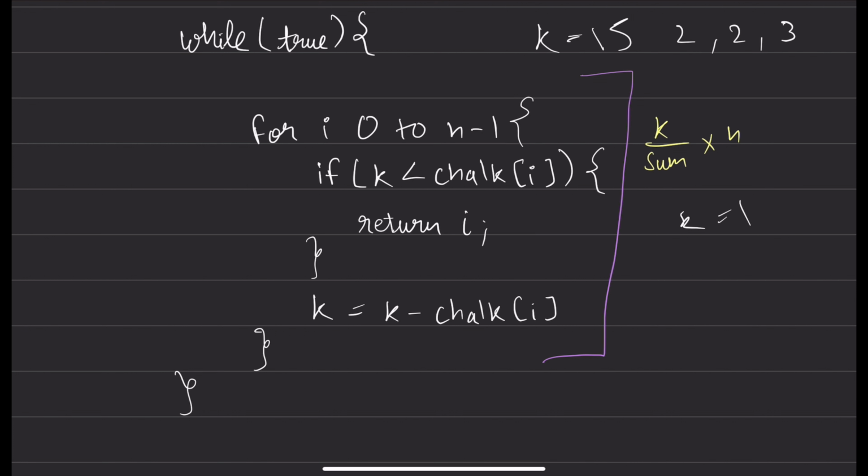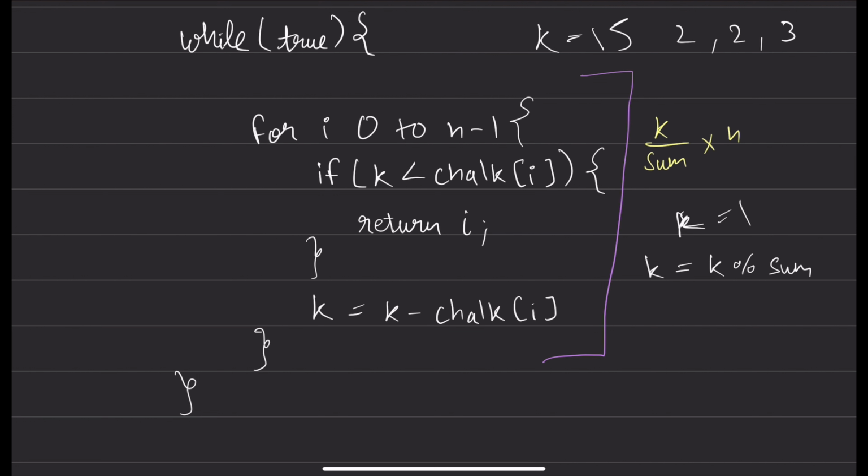So I have just gone to the last iteration where my result would be. Isn't that right? How can I do that? In this case, I can just reduce the total number of chalks by the sum of the chalks required by each student.